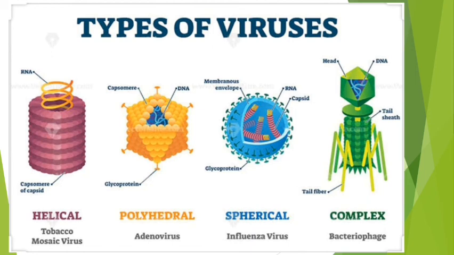The example is influenza virus. My dear student, another spherical virus which is very famous nowadays is coronavirus. Can you see the structure of coronavirus? Among these types of virus, which type will you consider coronavirus? That is the spherical virus. So for spherical virus, another example is coronavirus.